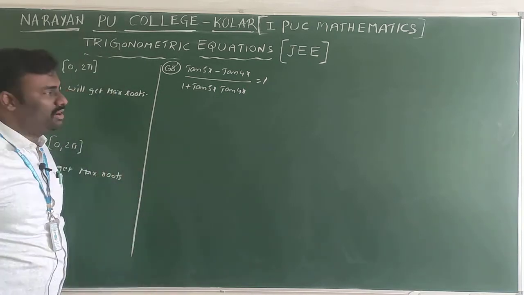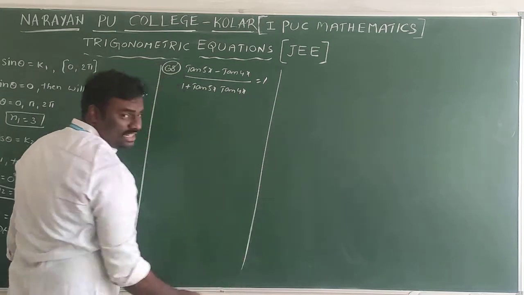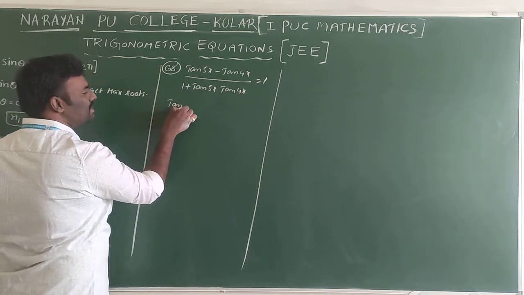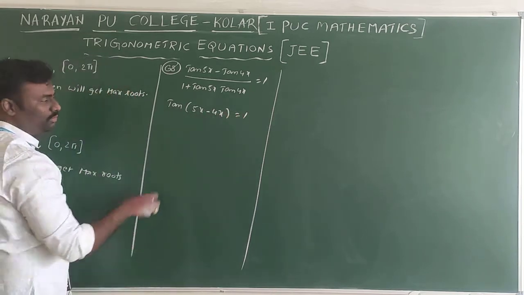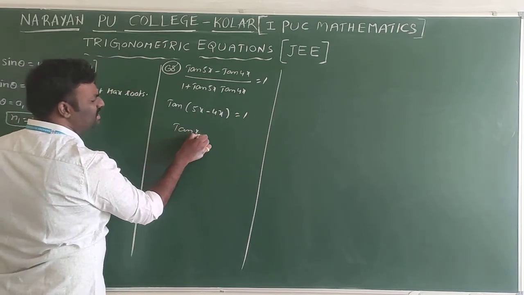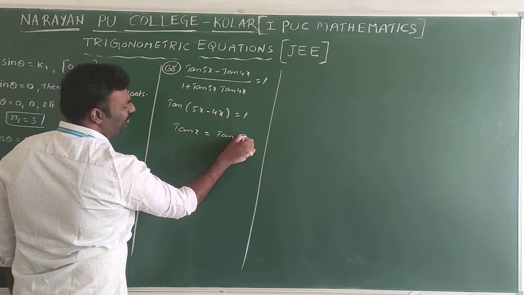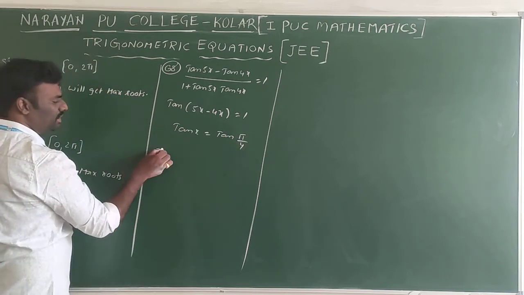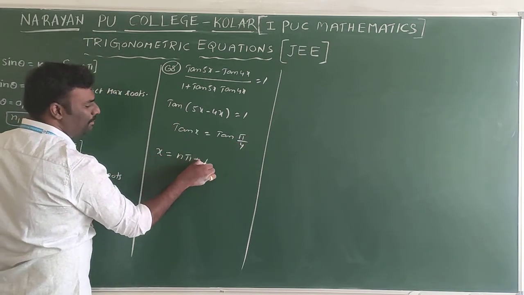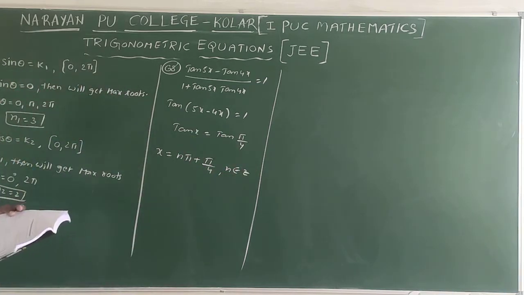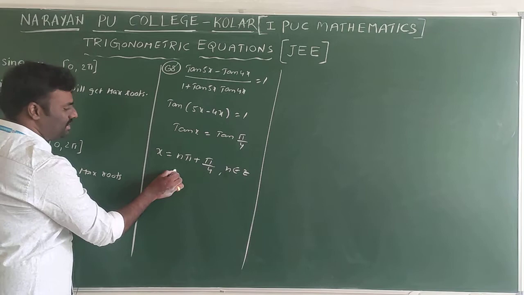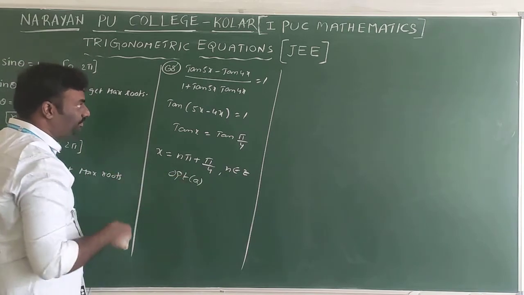It is in the form of (tan A minus tan B) by (1 plus tan A tan B), so this can be written as tan of (A minus B) is equal to 1. Now tan x is equal to tan 45, then the general solution is x equals n pi plus pi by 4, where n belongs to Z. This is the answer. That is nothing but option A is the correct answer.